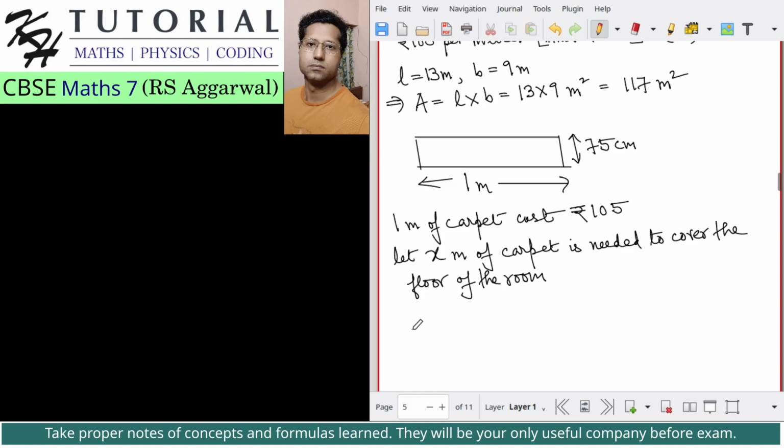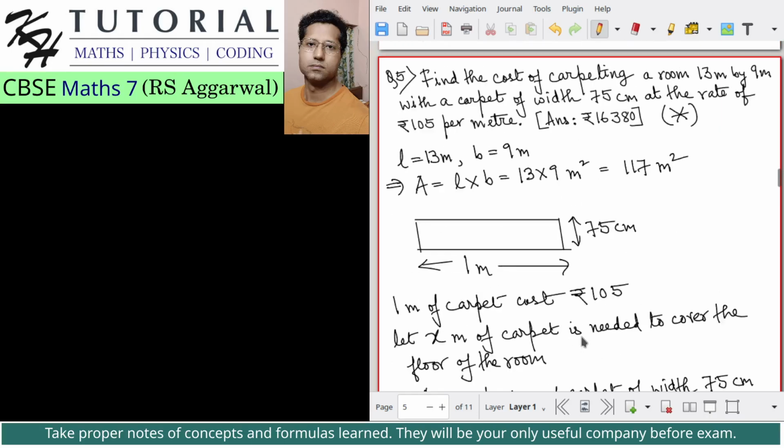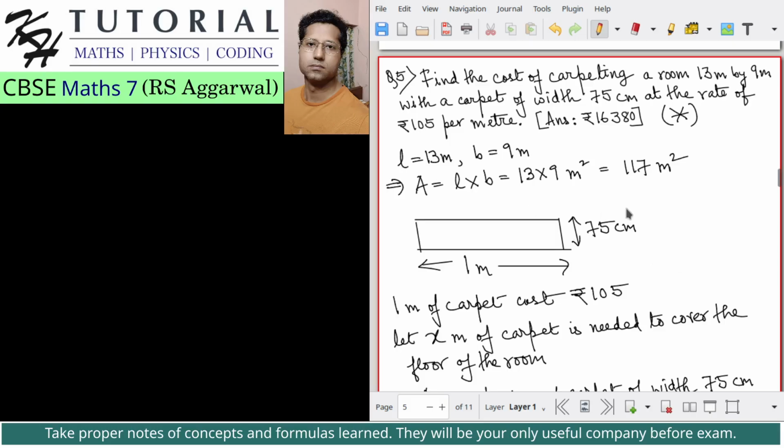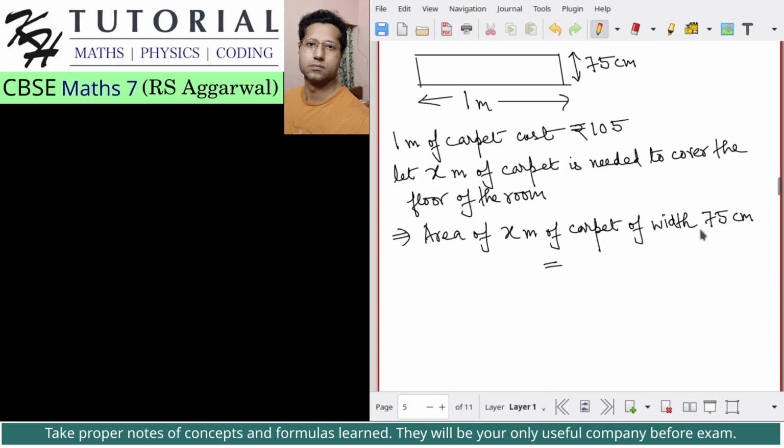Okay, so this implies the area of x meter of carpet of width 75 centimeter, which is fixed, will be equal to... Now, since the dimensions of the room are given in meters and we have already found the area of the floor of the room in meter square, I have to convert the width of the carpet, 75 centimeter, to meter.